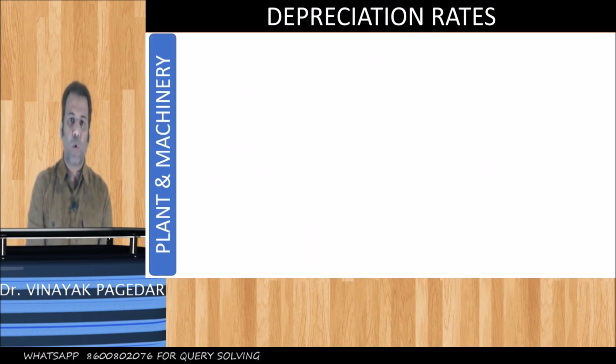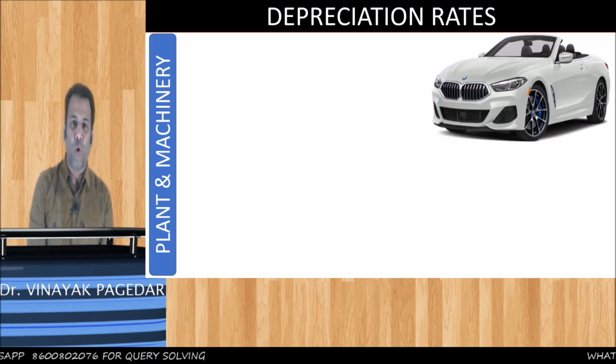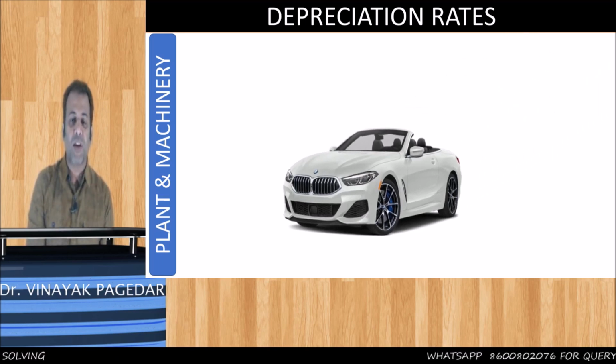Let us start with the motor vehicle. I've just put a motor car here. When you become chartered accountants, you'll surely be thinking of buying a Mercedes or a BMW or something like that. So let's have the motor car first.